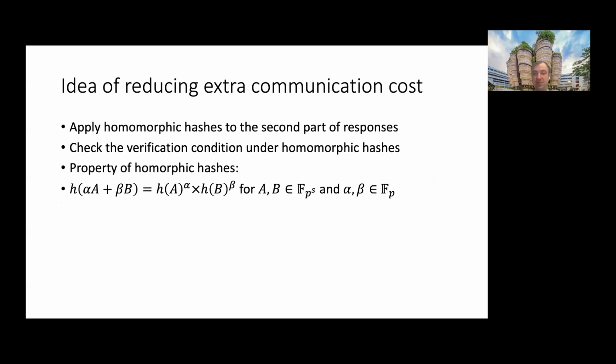And this property especially can be used when we focus on download cost optimization, because in this case we assume that the size of the queries is negligible with respect to the size of the responses, and actually each file is an element of an extremely large extended field, and here we can use homomorphic hashes.